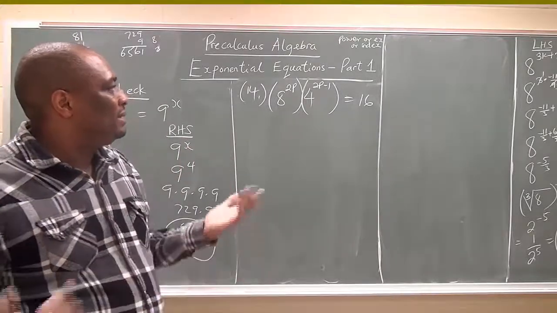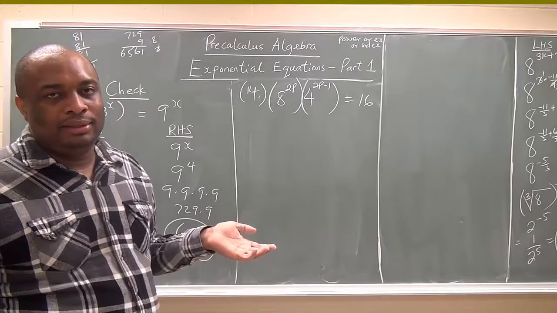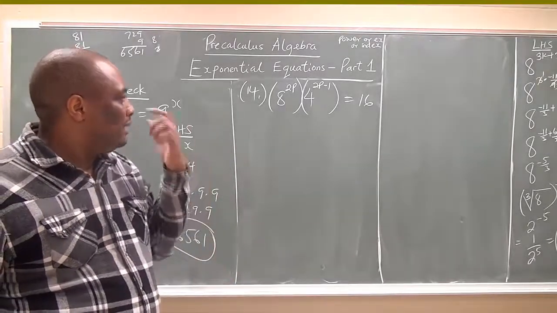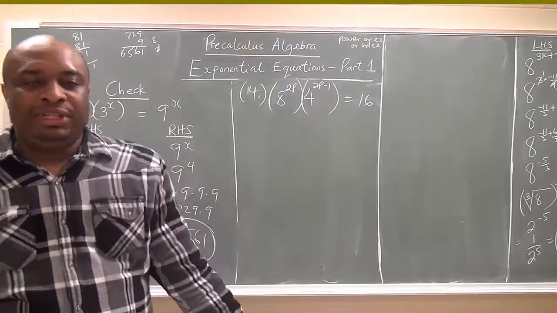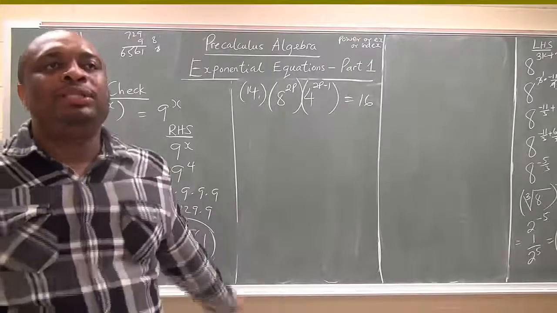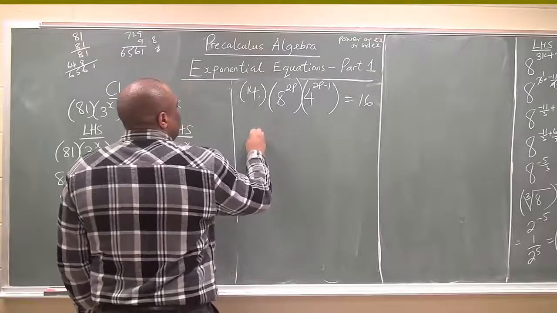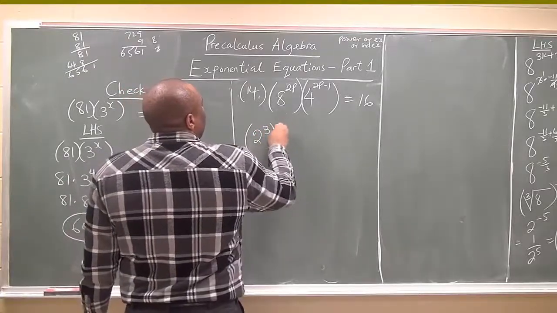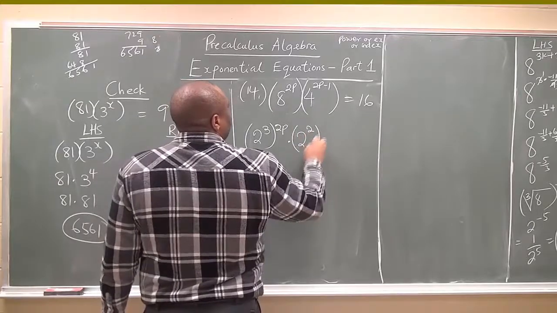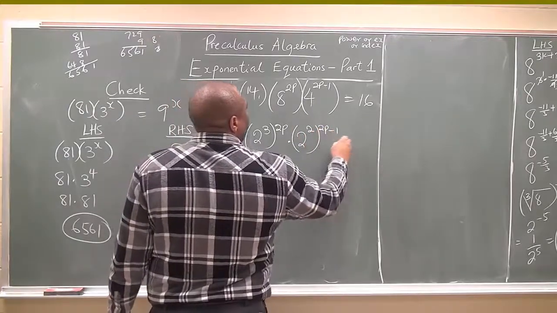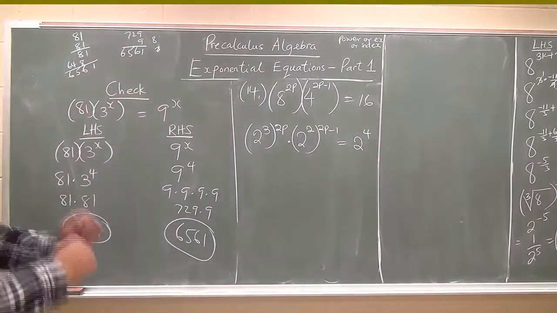But we cannot express 8 as an integer exponent of 4, so we just use another smallest base, which is 2. We use something we can express with. So 8 is 2 cubed, 4 is 2 squared, and 16 is 2 exponent 4.